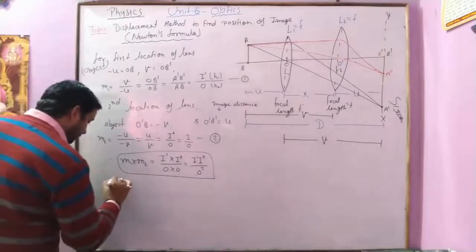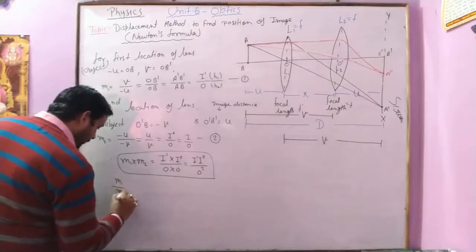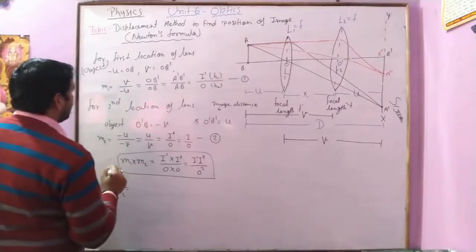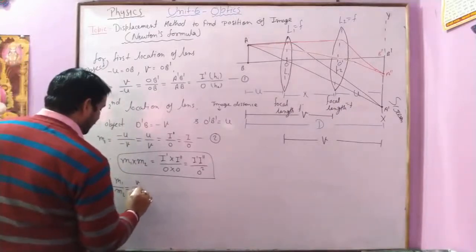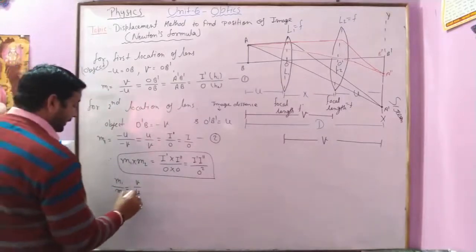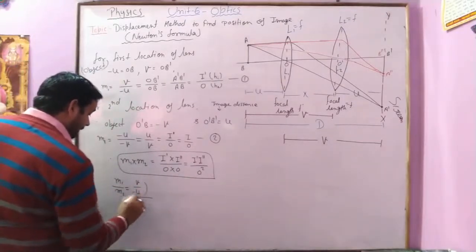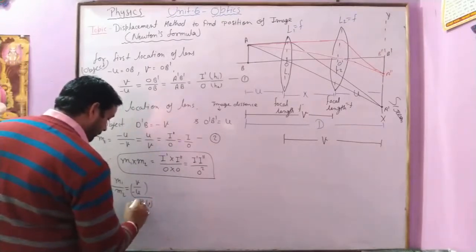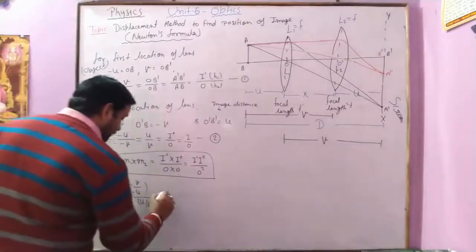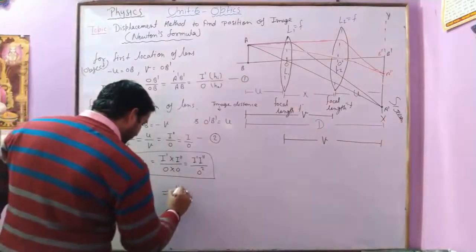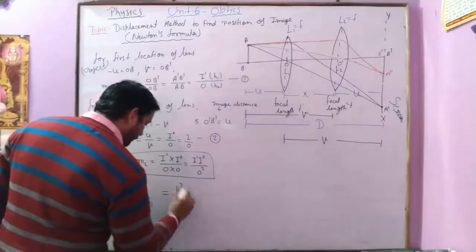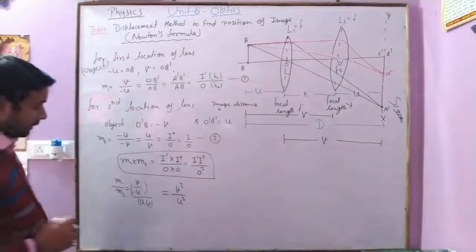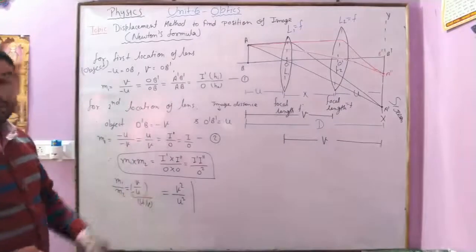By using the ratio m1 upon m2, where m1 is v upon u, negative, and m2 is u upon v, on solving this we get v square upon u square.